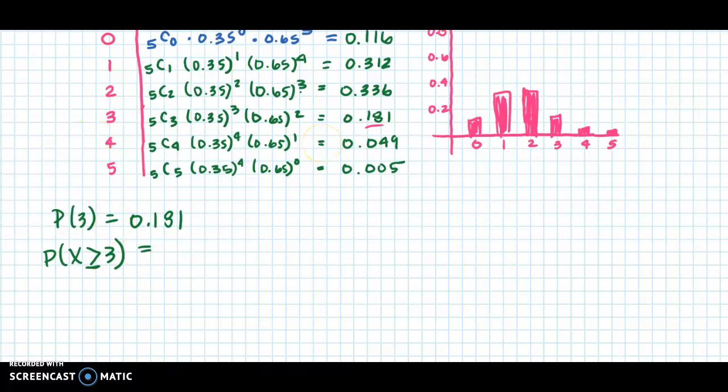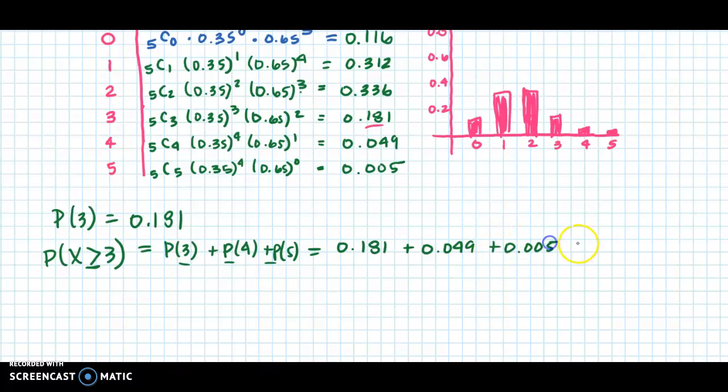That means 3 people say yes, 4 people say yes, or even 5 people say yes. What's the probability that any of those things happen? You just add them up. So it would be 0.181 plus 0.049 plus 0.005. And when you add up those 3 things, you get 0.235, which is like 23.5% if you wanted to express it that way.